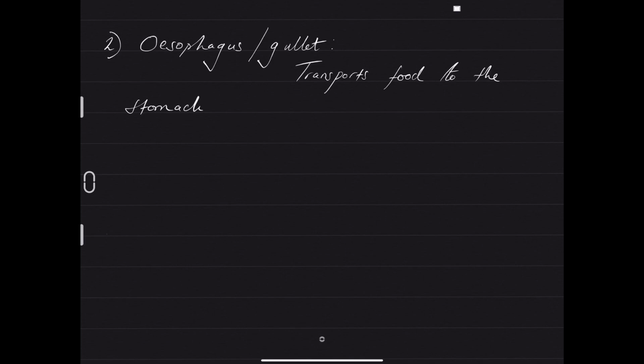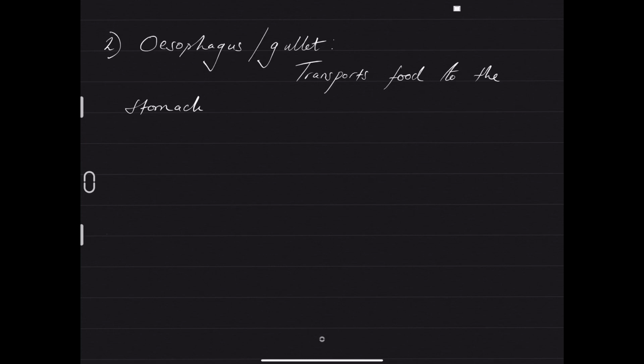Okay, and in the process of transporting the swallowed food to the stomach, it also lubricates the food. And via a mechanism of contraction and relaxation of certain specific types of muscles within the esophagus, the food gets passed down in a particular manner to the stomach.